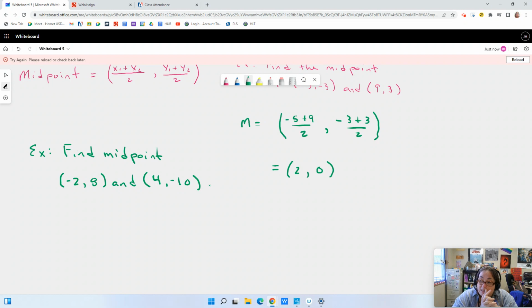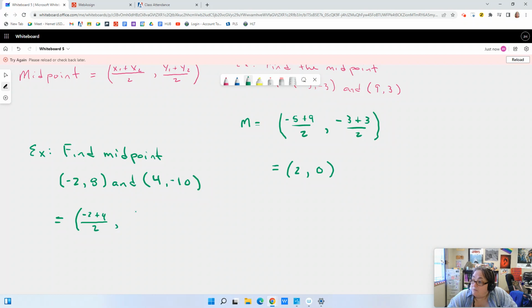There are a lot of different solutions. I see that we've got some people with -3s in there. The solution is 1, -1. So if you look at it, for x, we've got -2 plus 4 divided by 2.